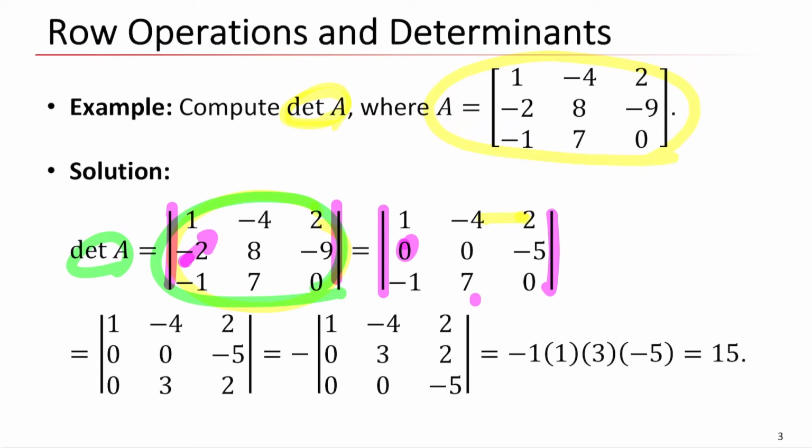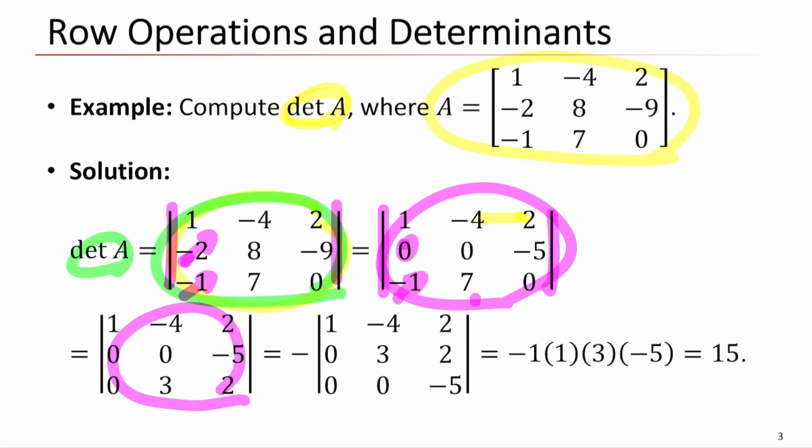Here, right? Then what do we want to do next? We also want to reduce this one. So the determinant of this term will be exactly the same as the determinant of this one, right? And then what do we want to do next?